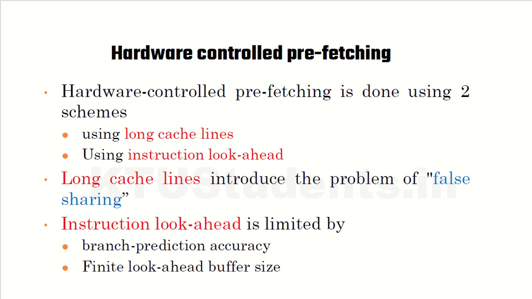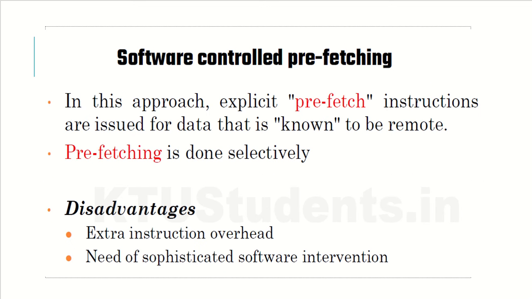Moving on to software controlled prefetching. Here you will make use of a special kind of instruction called the prefetch instruction, which is called to get the data which is known to be remote, which means you already know that the data is remote, so you make use of the prefetch instruction to get the data.